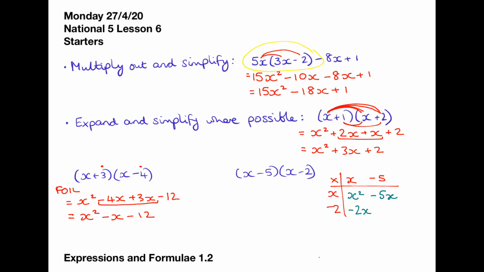And then the last space is this one, and that gives us plus 10, or positive 10. So altogether, it's these 2 that are going to be combined. So we get x squared minus 7x and plus 10. Okay, so we should be okay with multiplying out 2 brackets using whatever method you find works best for you.